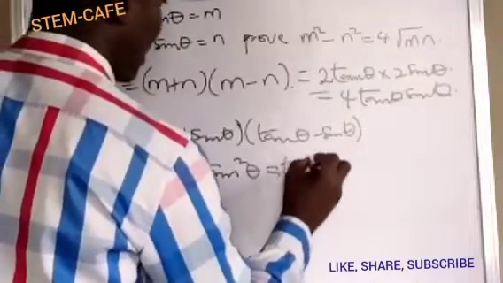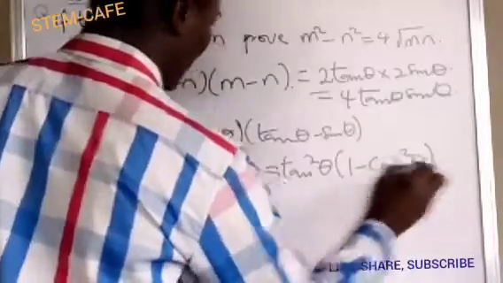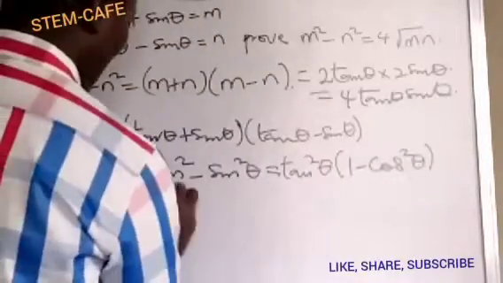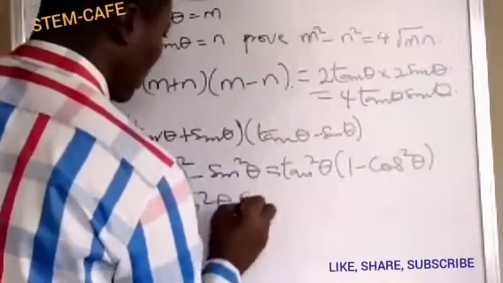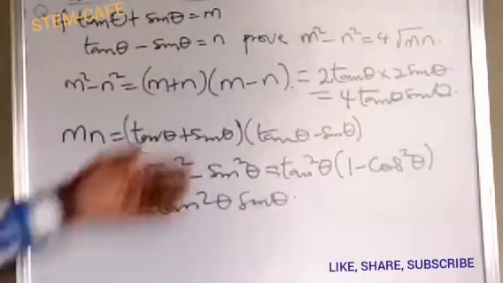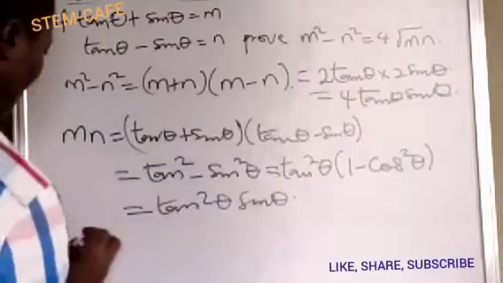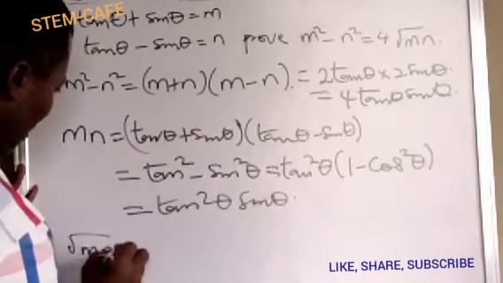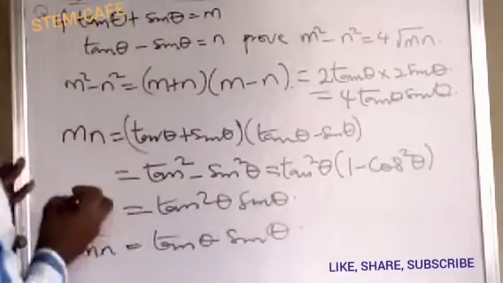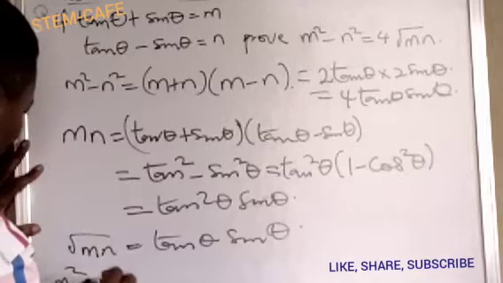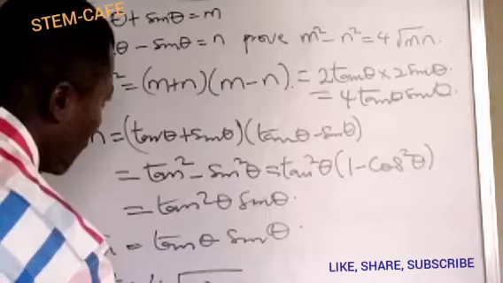I'm going to have tan square theta into 1 minus cos square theta, which will eventually give me tan square theta sin square theta. And we can see that mn is going to be the square of this. So root of mn is going to be tan theta sin theta. So m squared minus n squared will equal 4 root mn. Thank you.